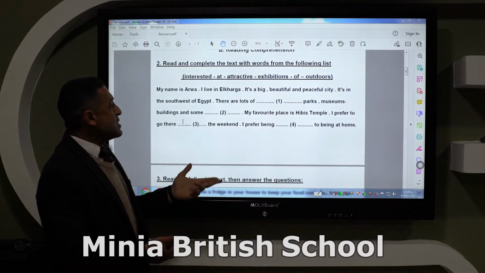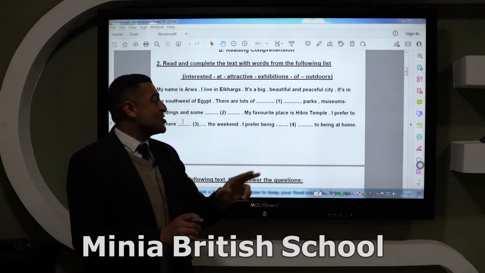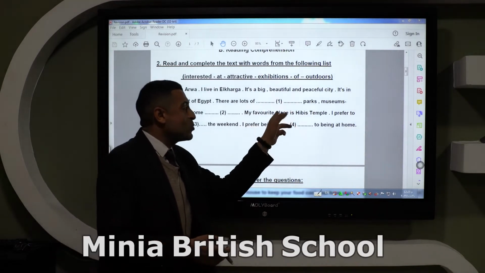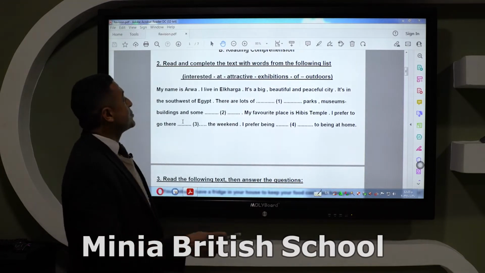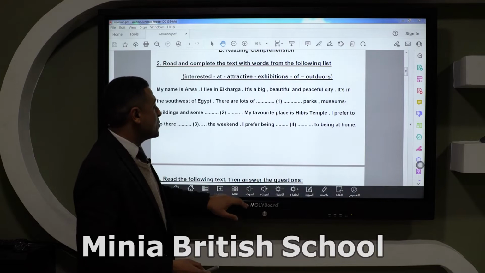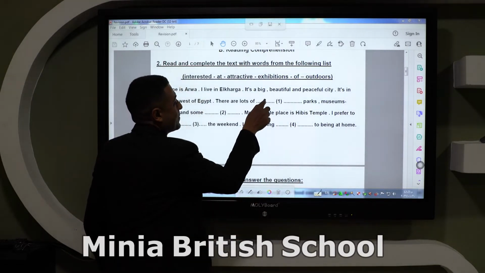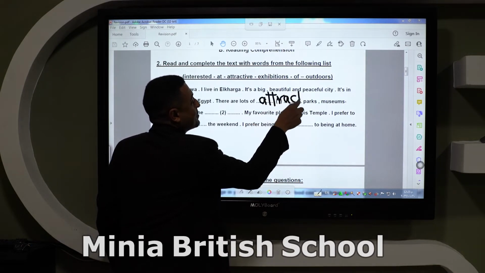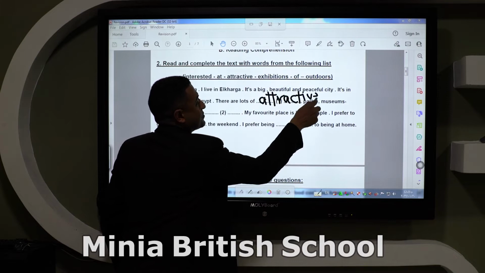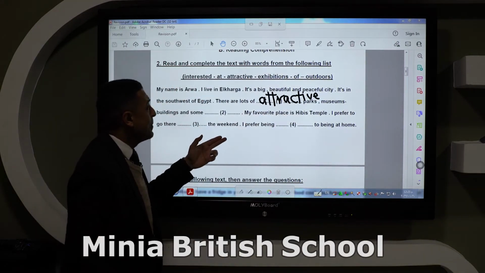So I need to use an adjective to complete it, because the missing word before the noun is always an adjective. So here, which word will I use? I will use the word attractive. Attractive parks, museums, buildings, and some.